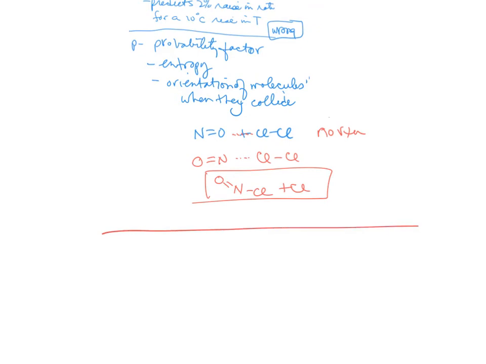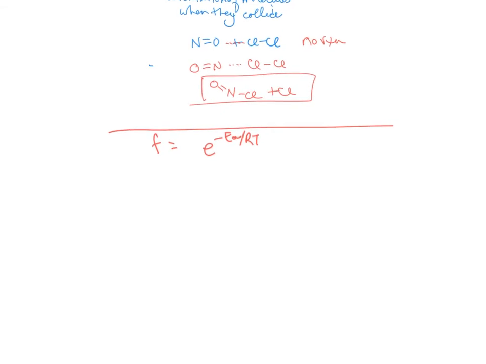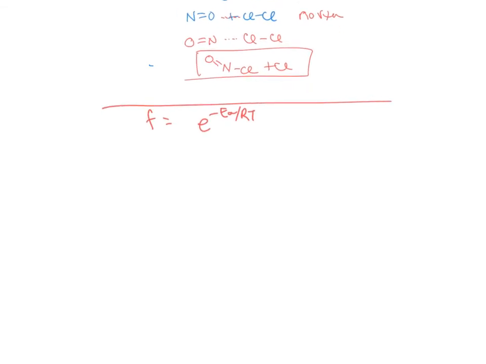And then finally, the last one, which is F. F turns out to be e to the minus EA over RT, and this is the activation energy. Now we know something about it because I showed it to you, what it means in the graph. It's kind of a complicated function because this is a 1 over T relationship.